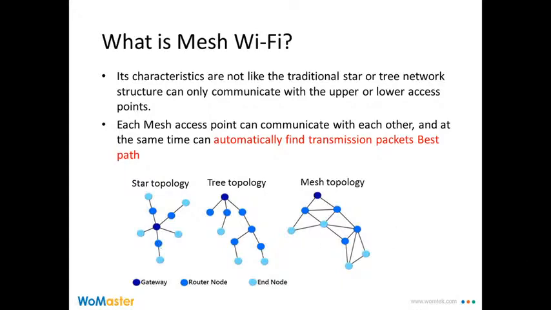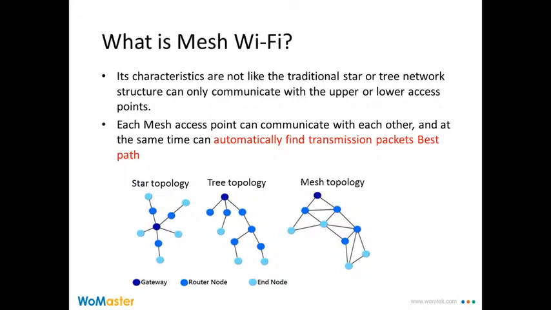However, for the mesh network, it doesn't have the sufficient tiers. This kind of topology is just like a web. Each node can find the best routing path to deliver the data to the destination. In this way, the performance in the whole network is enhanced and setting up the network is easy.